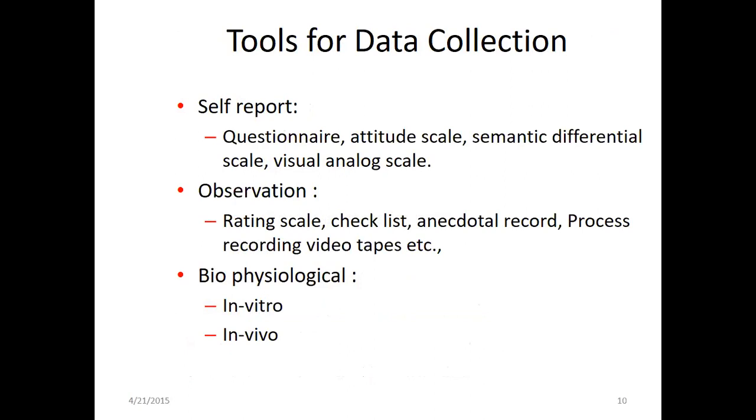Rating scale, checklist, anecdotal record, process recording, video tapes, etc. These are tools, especially, for example, particularly in maybe qualitative research, you might record things and then come and transcribe information. So checklists, anecdotal records, ratings. Then you have biophysiological, like in vitro and in vivo tools. These are there also.